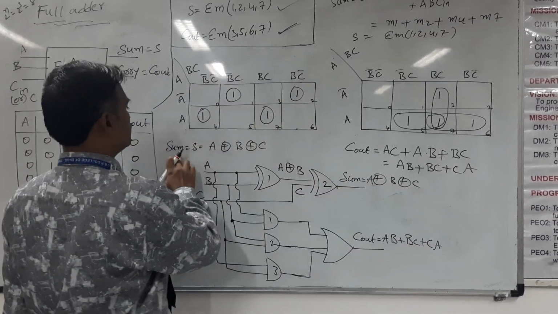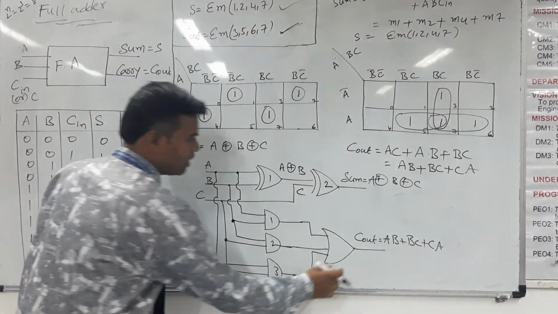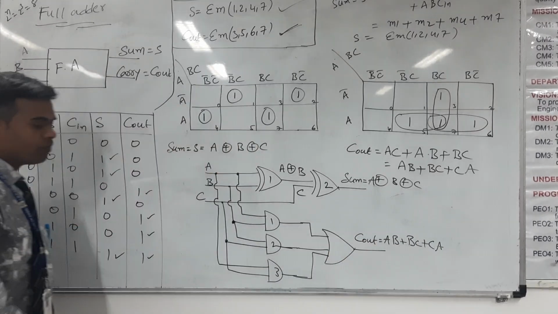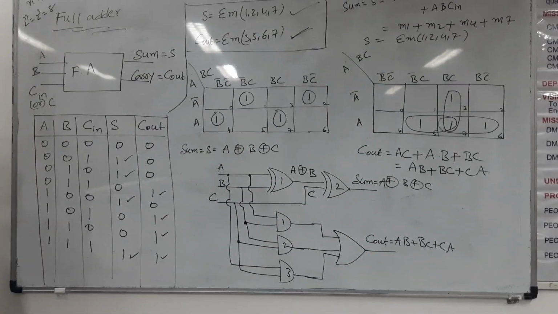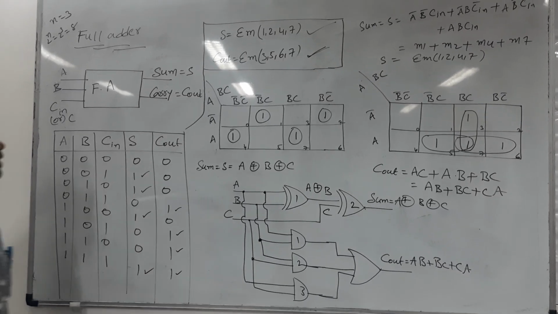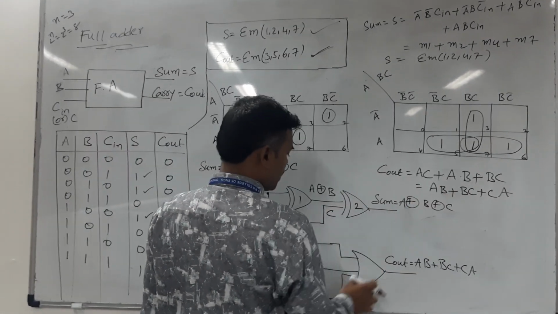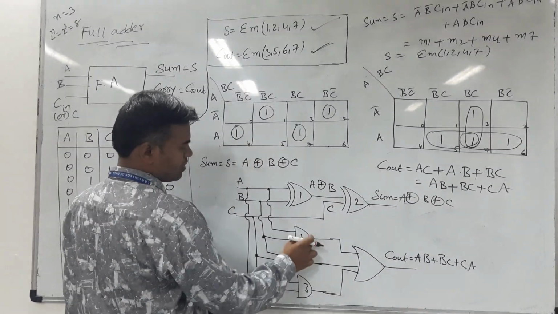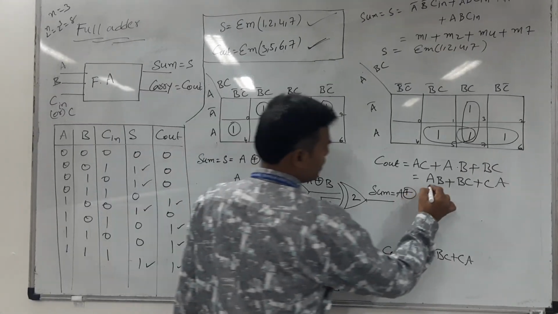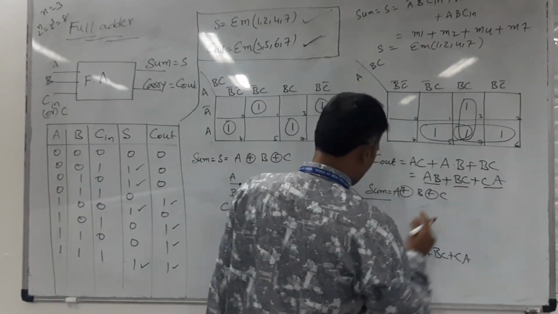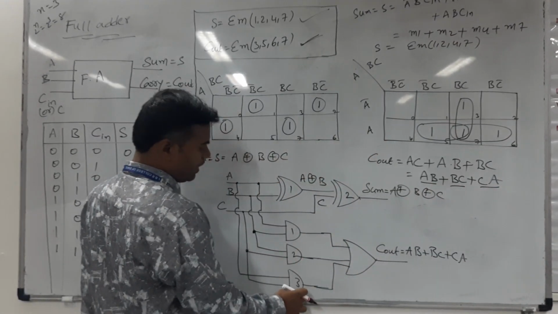So this is the sum expression. In the same way, you realize the Boolean expression Cout using logic gates. Here there are 3 product terms, that's why I took 3 AND gates.